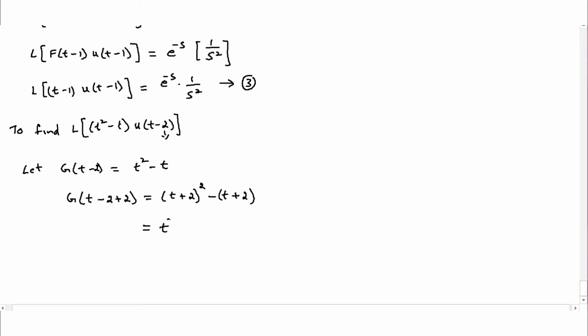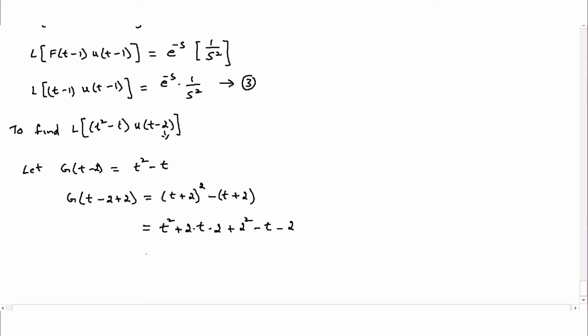So it is a square plus 2ab, plus b square, in this case b is 2, so 2 square. Next term minus of t, minus of minus will become, next is minus into plus will be minus of 2.